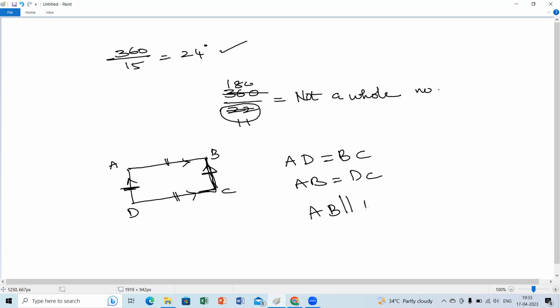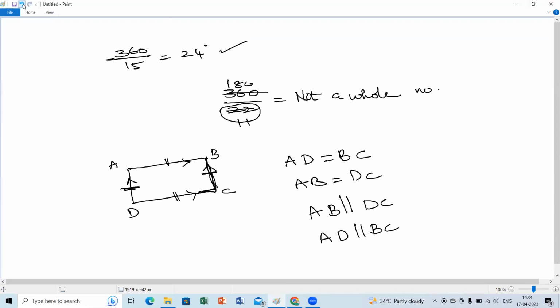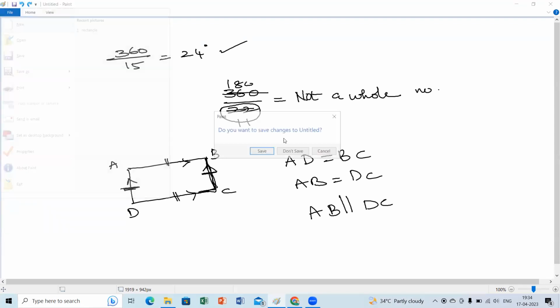AB is parallel to DC and AD is parallel to BC. That's different, children. Don't confuse them. By looking only, you can identify which are parallel and which are equal. These are a few things to remember.